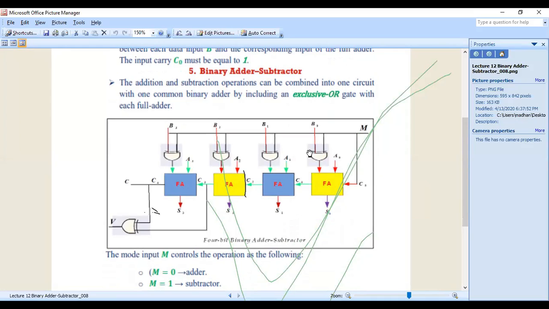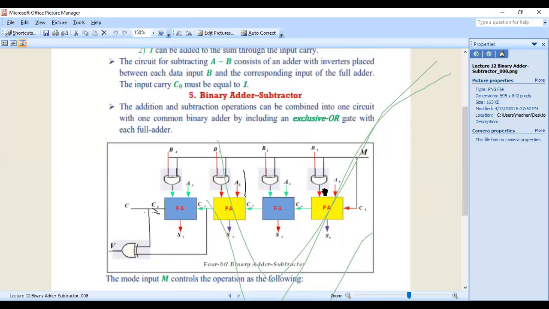So here we have to take the values A, that is A0, A1, A2, A3, and this one is B0, B1, B2, B3. Is it clear? We have to take the full adders in this circuit diagram.